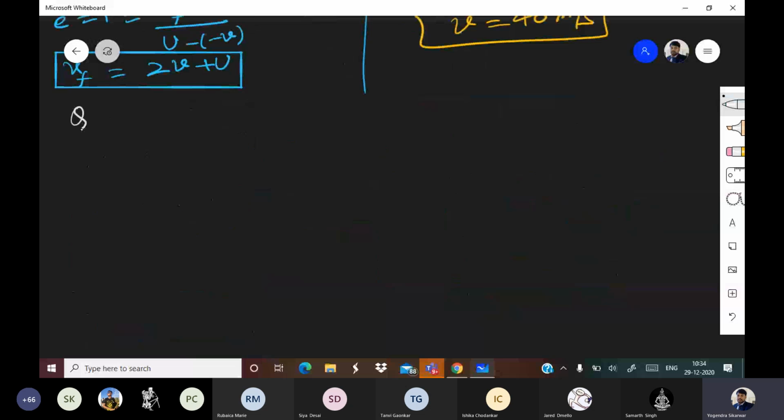Question. This is ground and this is a ball. This ball is released from height h.